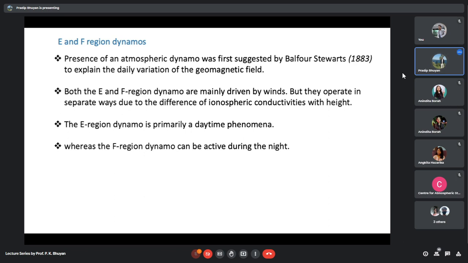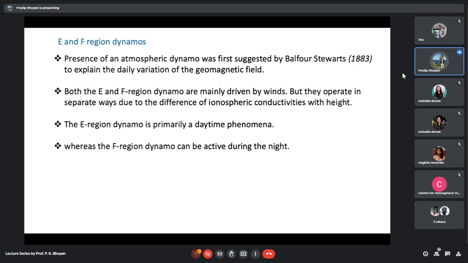But they are not similar. That's why we are talking about E and F region separately. These dynamos are not similar. They operate in separate ways due to the difference of ionospheric conductivity. So this is where the influence of conductivities comes in, because the wind is driving the charged particles, so a dynamo is created, a current system is created.